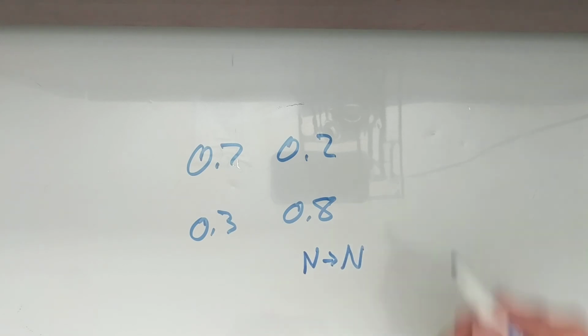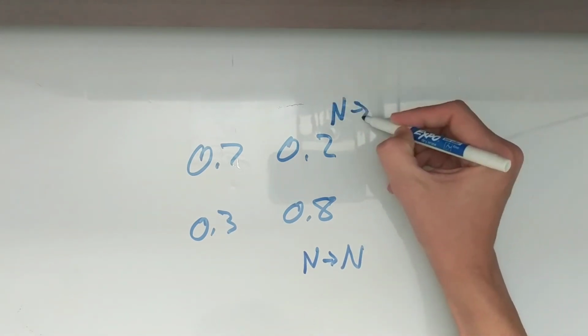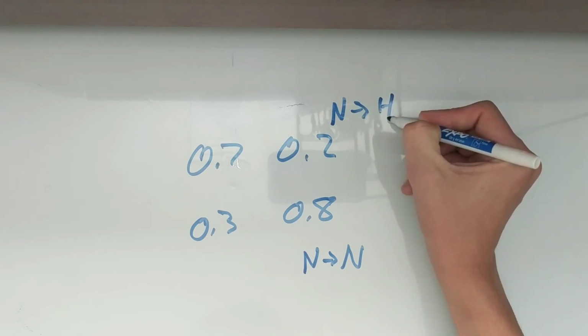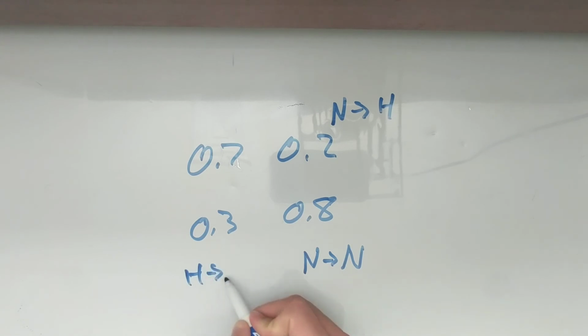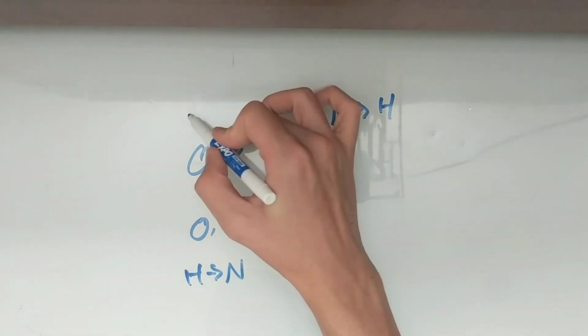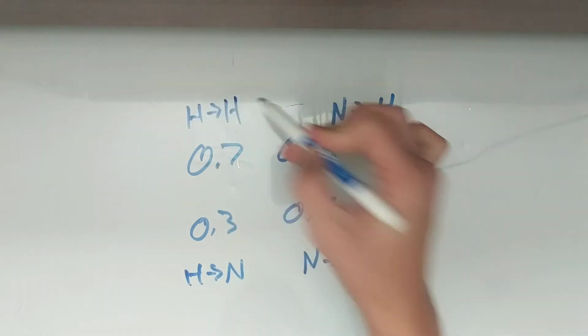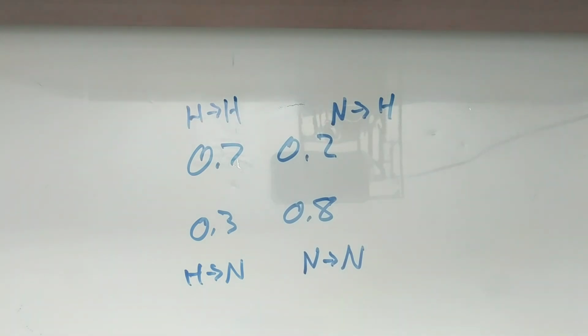The 20% is people who have Netflix and will switch to Hulu. This one is people who have Hulu and will switch to Netflix, and this is people who have Hulu and stay with Hulu. So remember that when you set up your transition matrix.